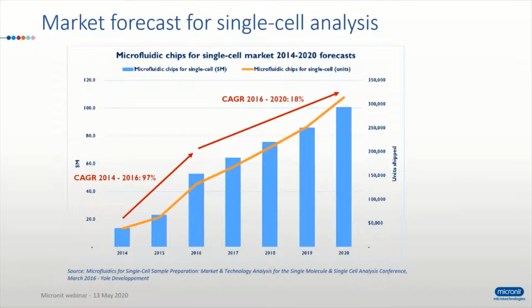So it's not a cheap consumable that only costs a few euros. We're really talking about high-end complex devices that add value to the product and that can cost something as well. So a very interesting market for us to be in in terms of looking at consumables.